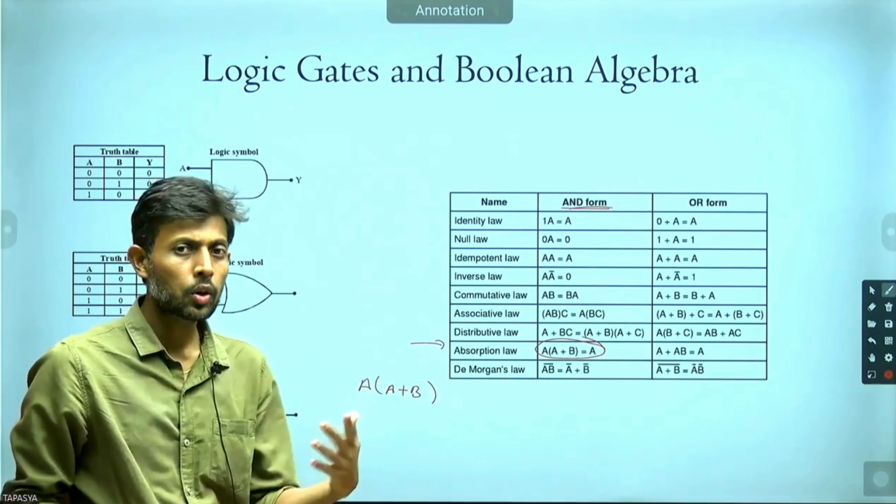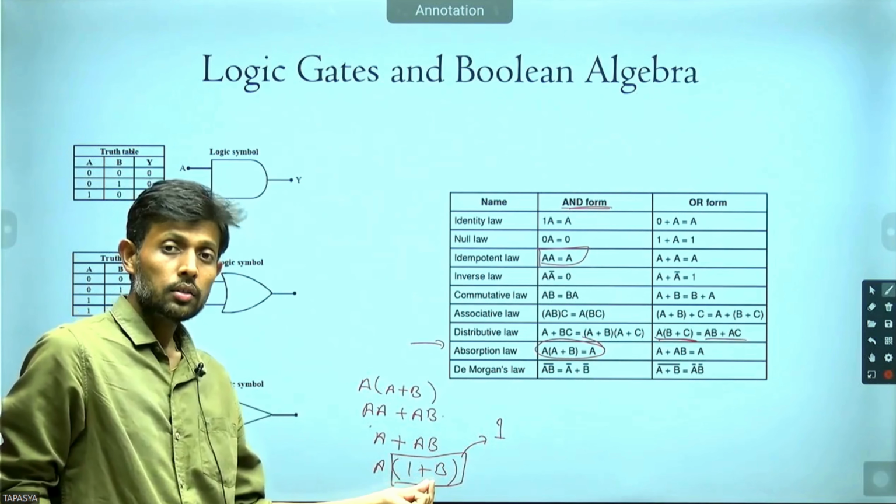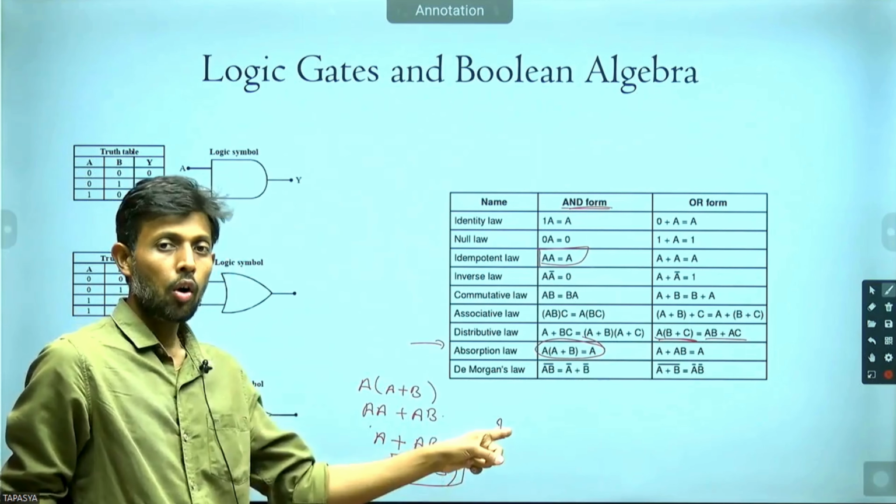Now, what I can do is I can take A common. If I take A common, I'll get 1 plus B. What does this mean? 1 or B value. Now, B can be either 0 or 1, it does not matter. This thing will always give you 1. Think about it. On or on will give you on.